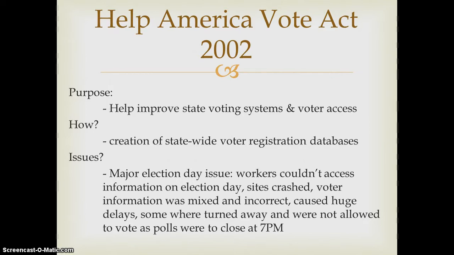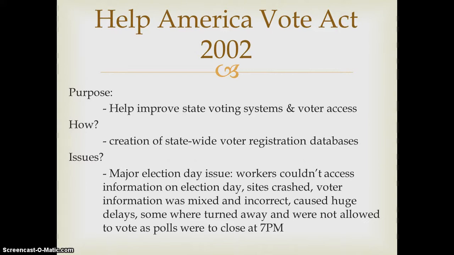In 2002, the Help America Vote Act came out, and the purpose was to improve the system overall of allowing people to vote and registering people to vote. It created a registration database, and it had massive problems across the United States.